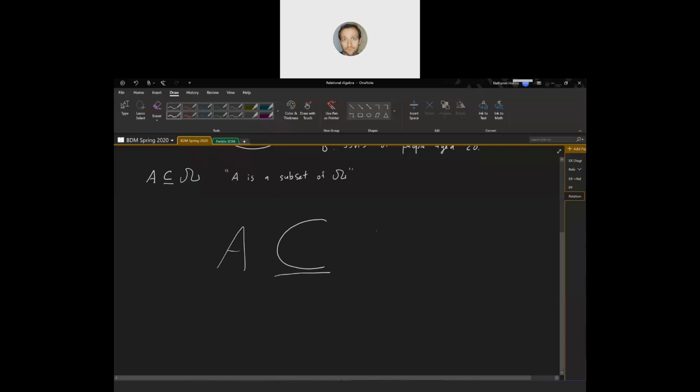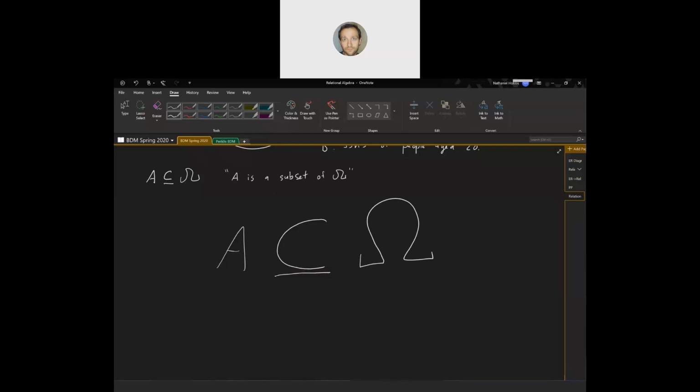Sorry, my Greek lettering isn't so great, but an omega looks something like that. So this sign means that A is a subset of omega.